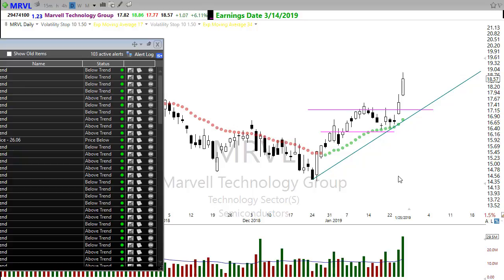It moves up with that much strength. Anybody think the odds of Marvel consolidating or pulling back are higher now than it moving on up? So take your profit and wait for the next entry into the trade.